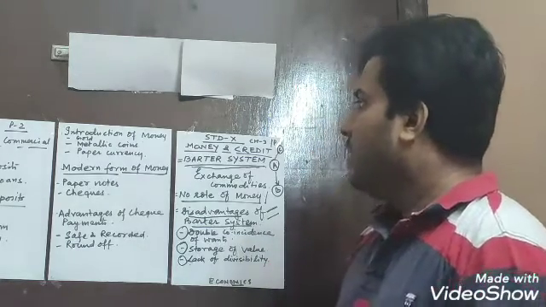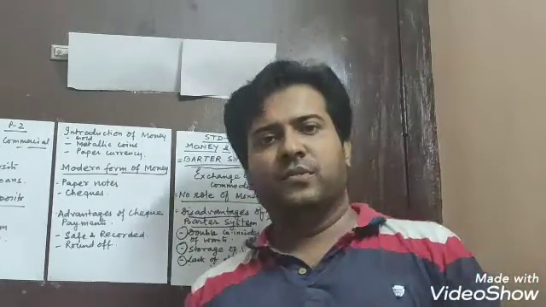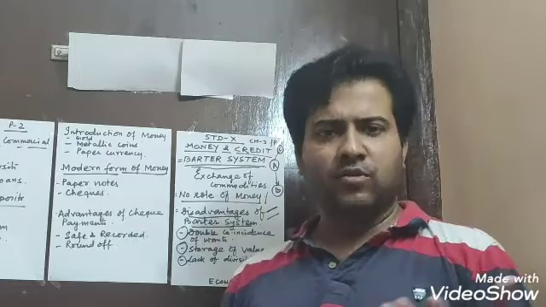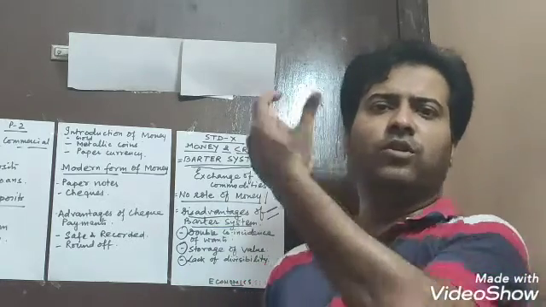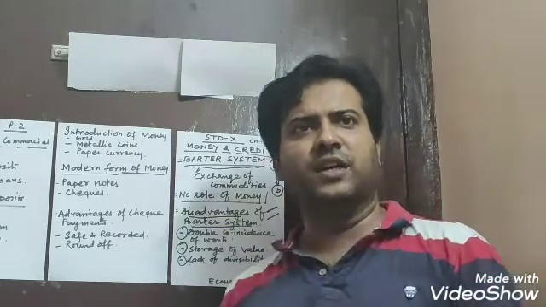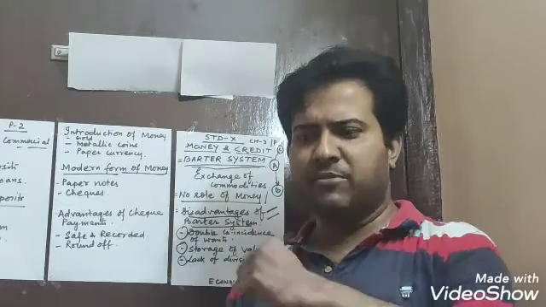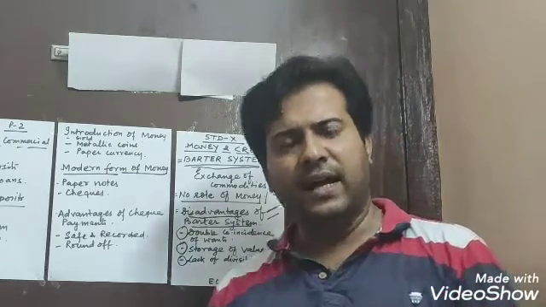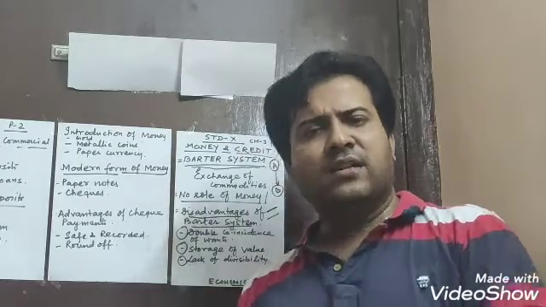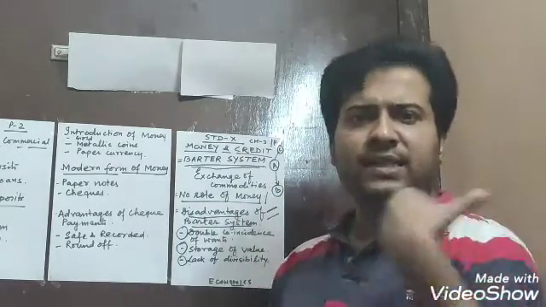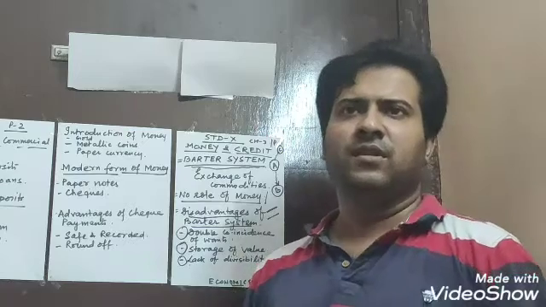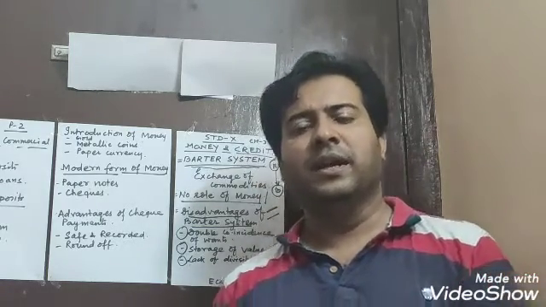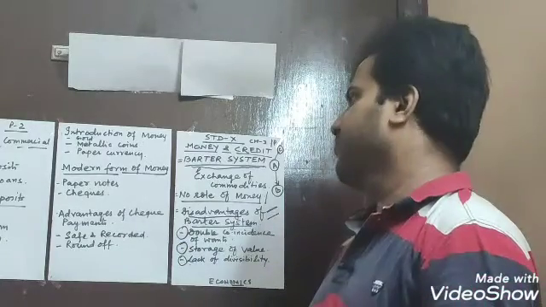So, first of all, we start with gold. Earlier, the kings, the rulers, used to make gold coins of their dynasties, of their kingdoms. The logo of their kingdom was stamped behind, and that coin was used as a medium of exchange in the market.